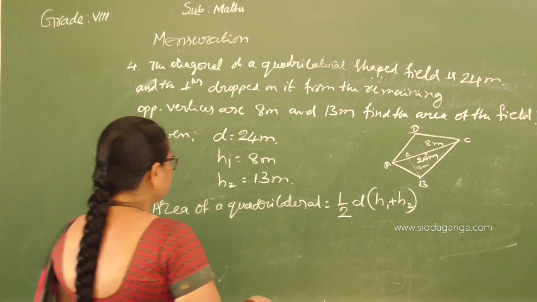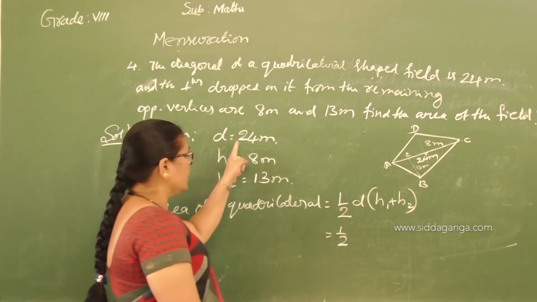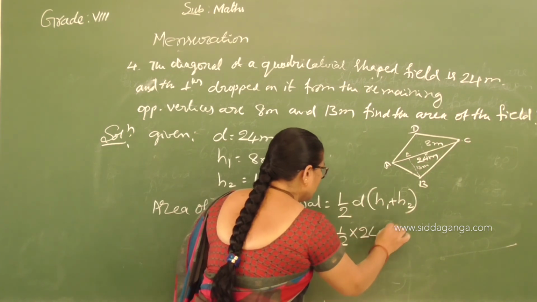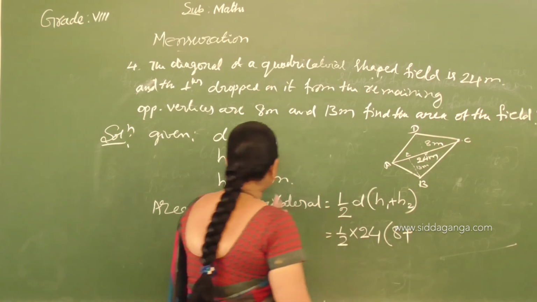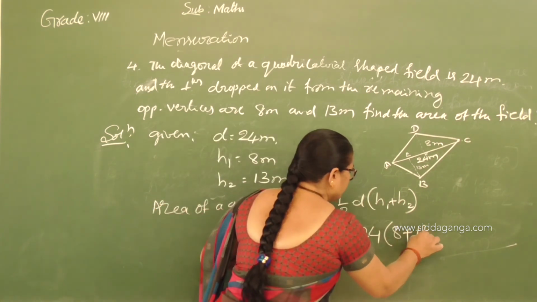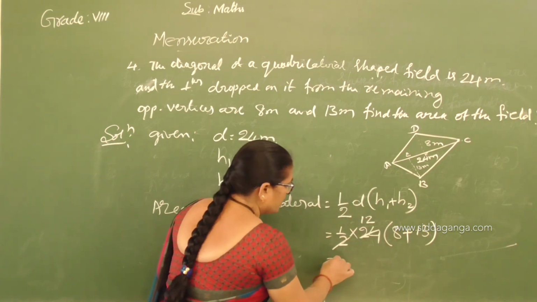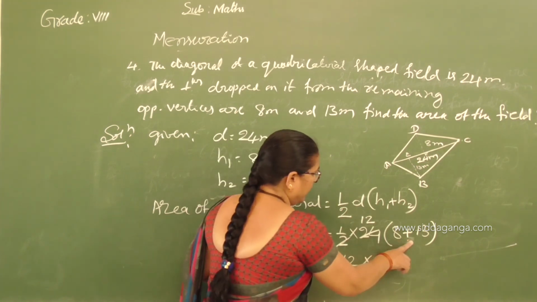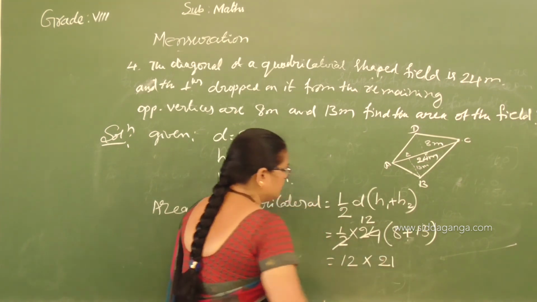So next, substitute the values. Half into here what is the diagonal D is equal to 24. Half into 24. Here H1 is equal to 8 meter plus H2 is equal to 13 meter. 2 1s are 2, 12 into 13 plus 8 is equal to 21.